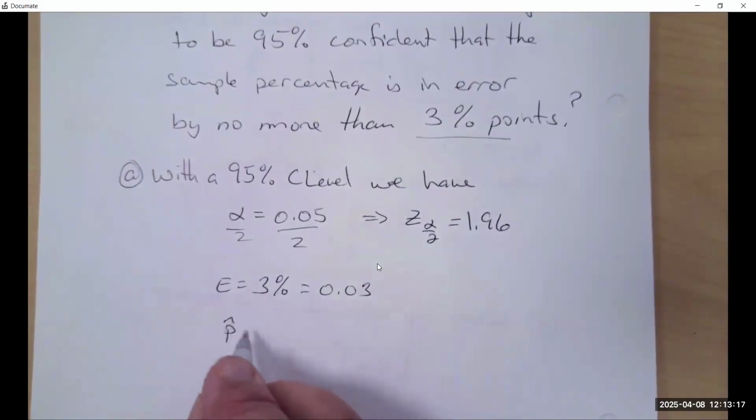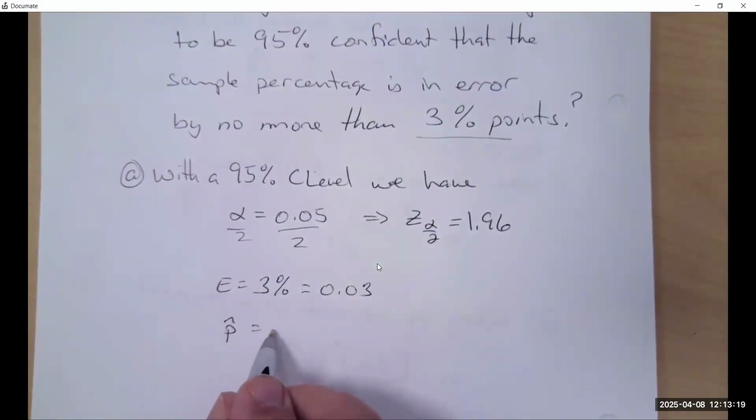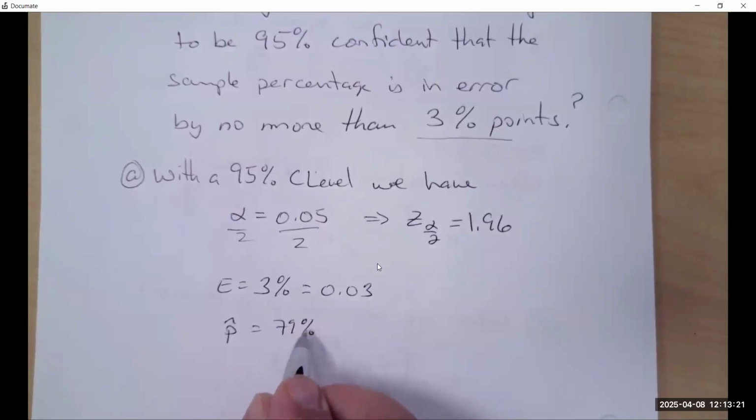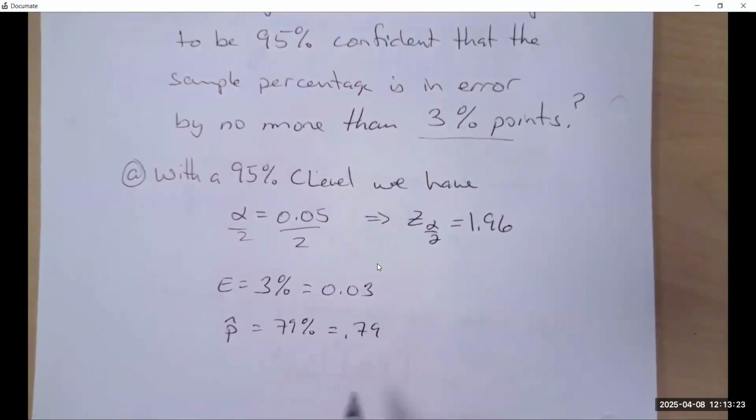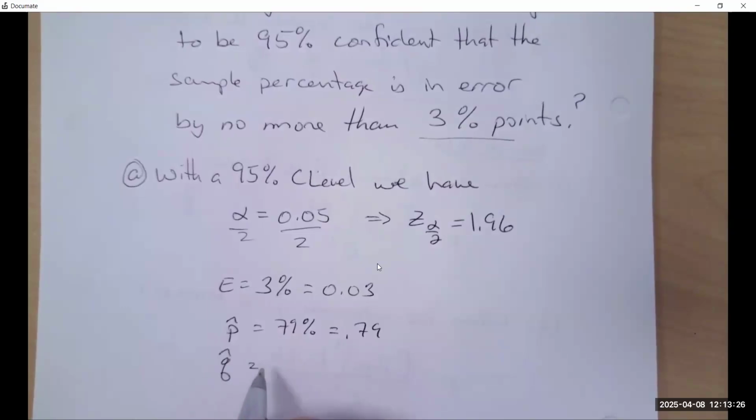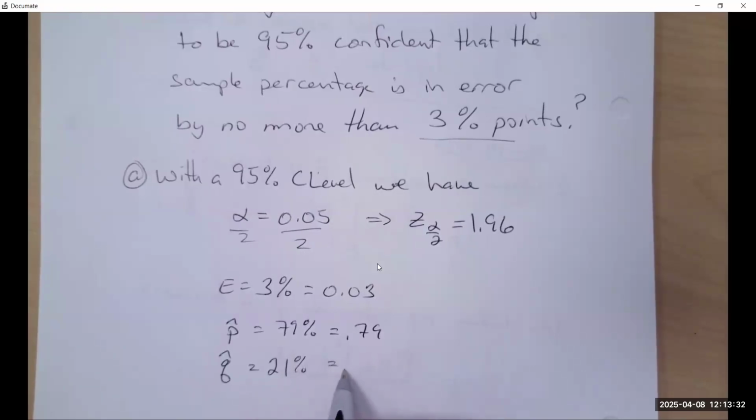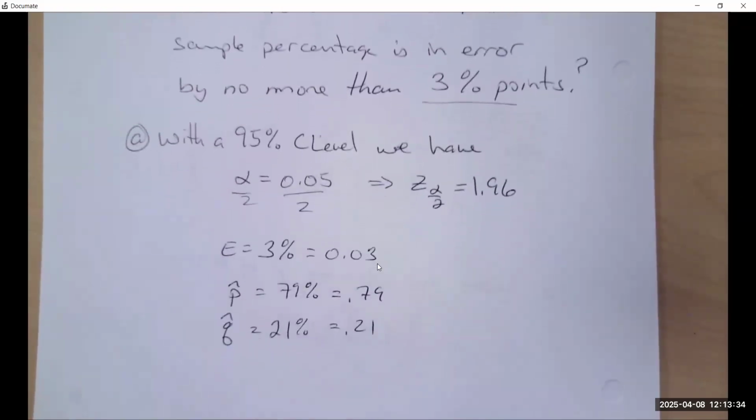P hat is 79%, which is 0.79, which makes Q hat 21% or 0.21. So we have everything we need, don't we?